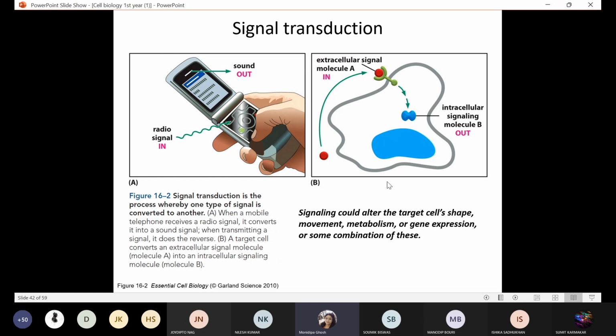If you go through this picture, the ash colored bordered portion is the cell. This is the intracellular portion of the cell, and these are the outer cellular portions. The cell expresses the receptor. These green cup-like things are the receptors, and the red one is the signaling molecule.